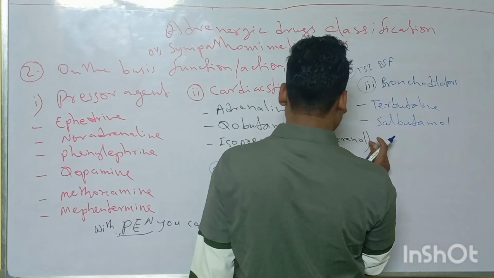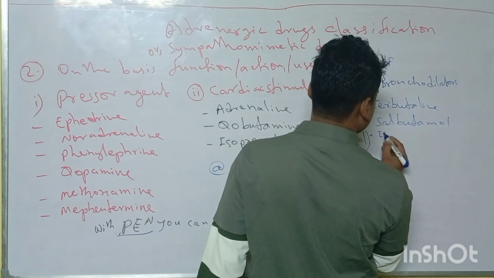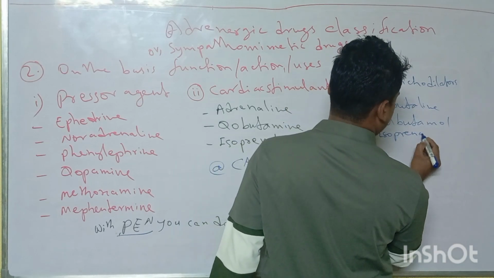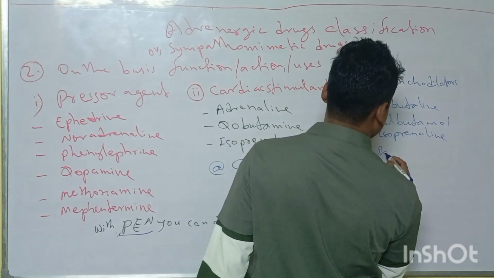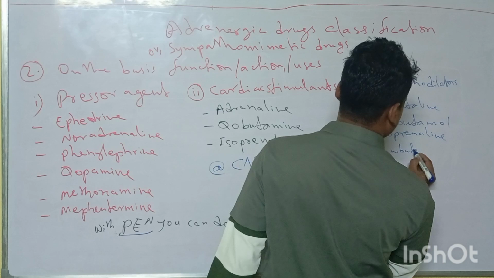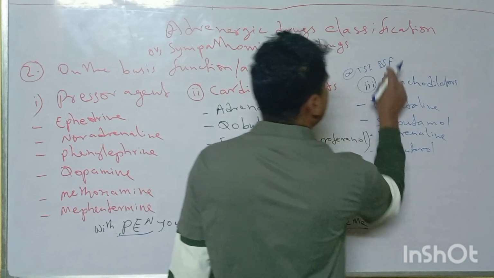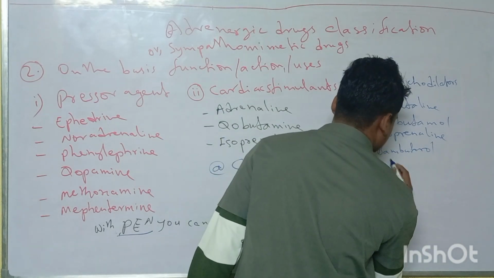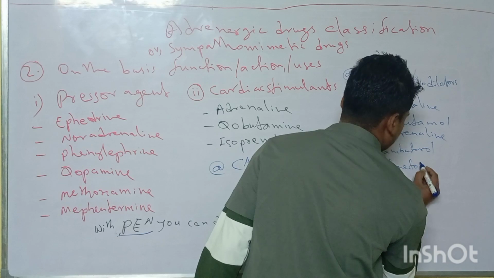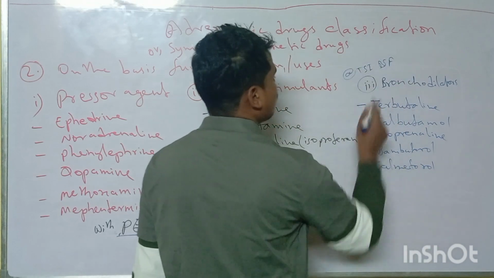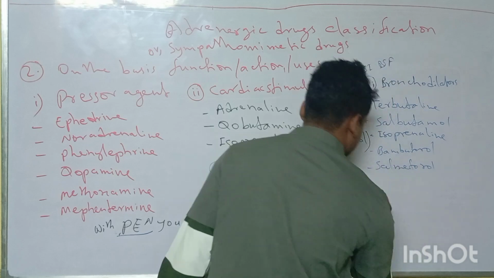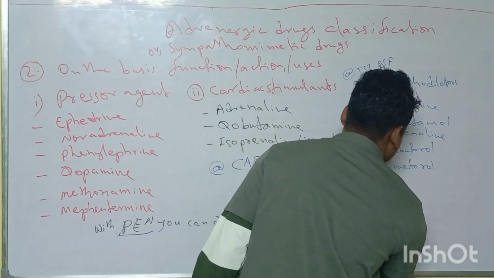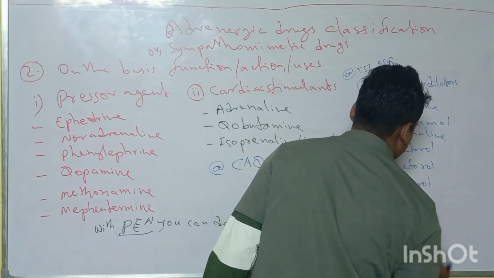I will stand for isoprenaline. B for bambuterol. S for salmeterol and F will stand for formoterol.